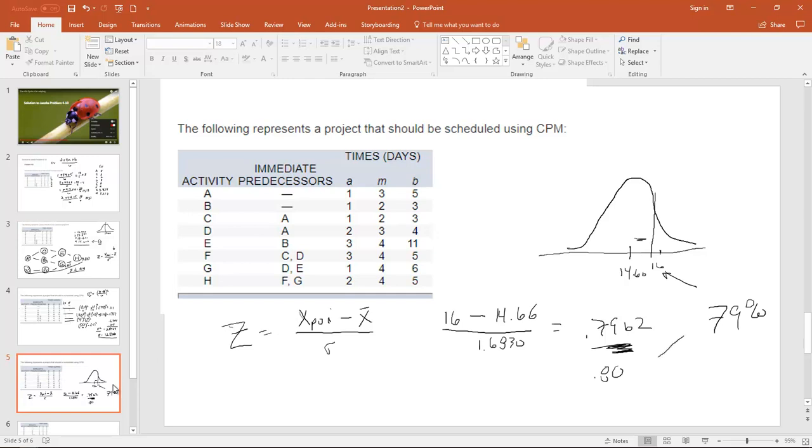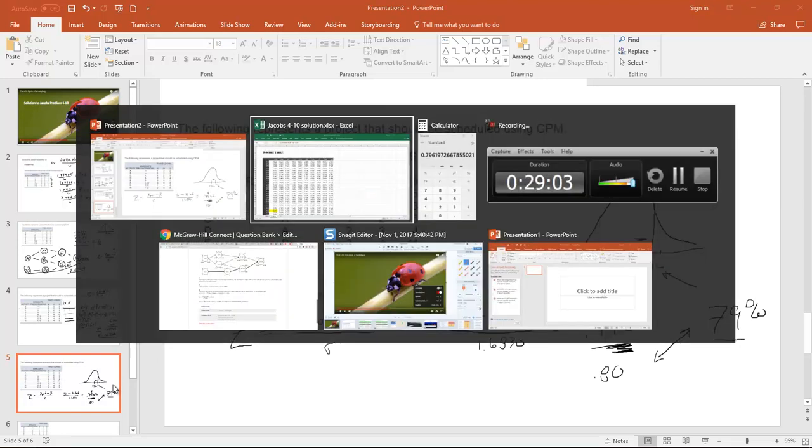It just so happens, it's a complete coincidence that we went in with a z-score that was 0.79, and we came out with a percentage that was 0.79. That's total circumstance. It doesn't have any bearing on each other.